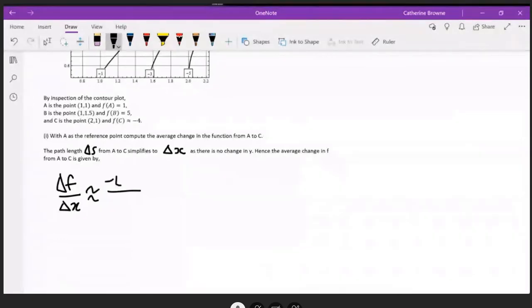And then we take away what the function is at A, which is 1. And then the change in X: X at C is 2, and we take away what X is at A, which is 1. So that's given by minus 5 on 1, or just minus 5.